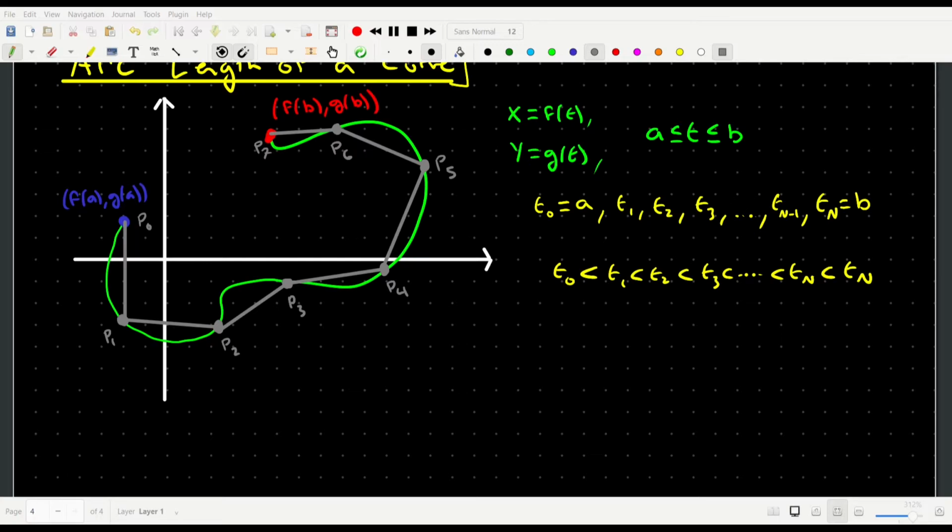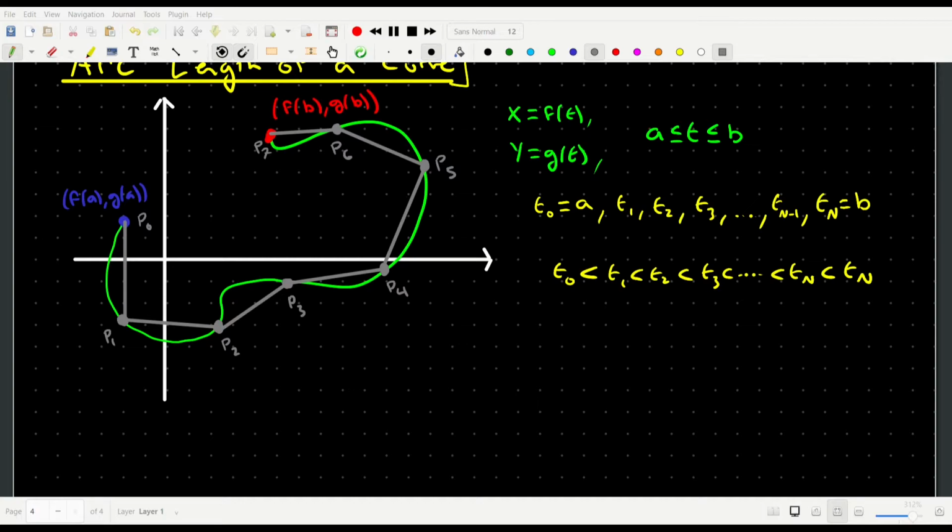This is a picture with seven intervals in our partition, and you can clearly see here that the sum of the length of each one of these line segments is going to be approximately equal to the actual length of the curve. And as we increase the number of points in the partition, or the number of subintervals, we do expect this approximation to get better and better. The sum of each one of these lengths is going to better approximate the total length of the curve.